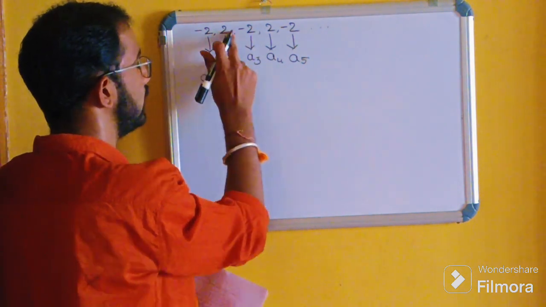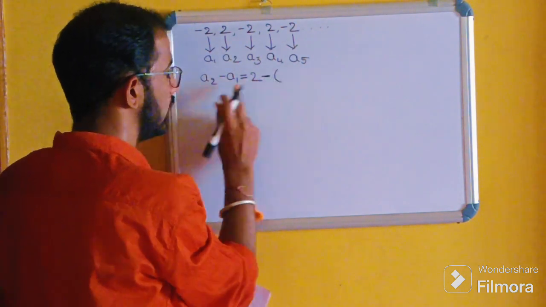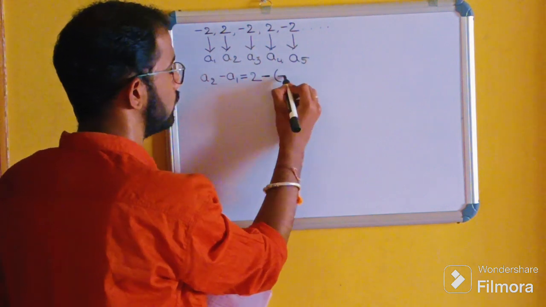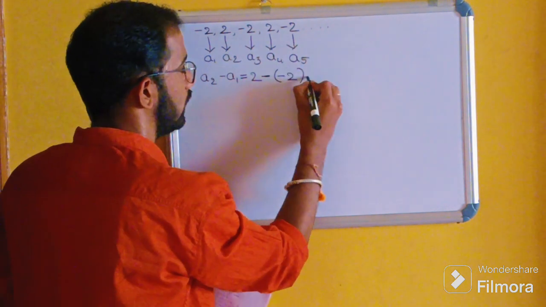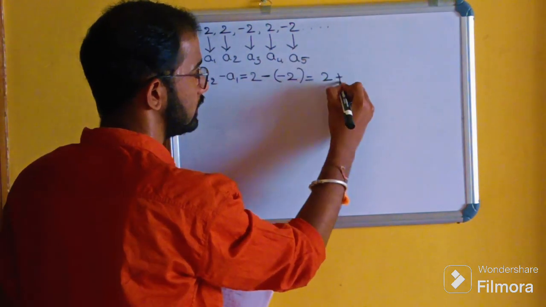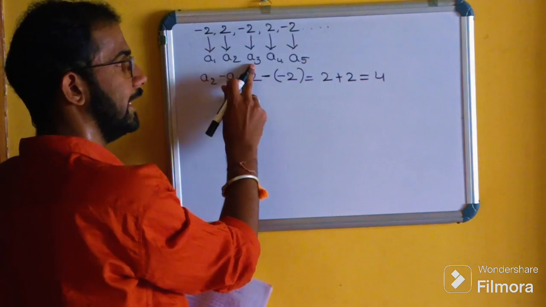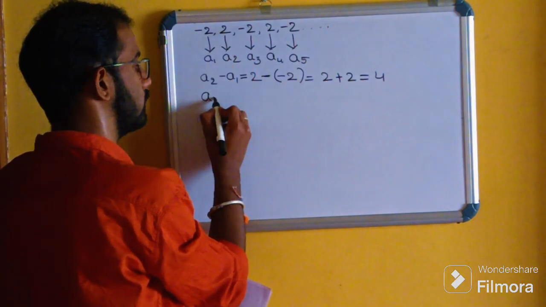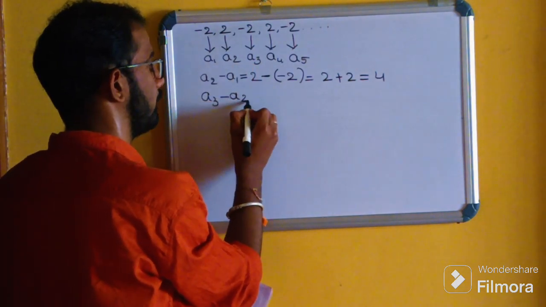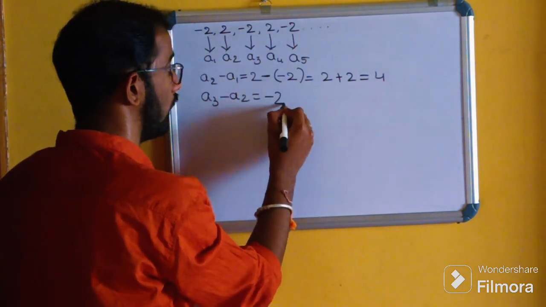So see here, the difference between the first pair of terms is 4 and the next pair of terms is minus 4. It is not the same. Hence, the given sequence is not an arithmetic progression.